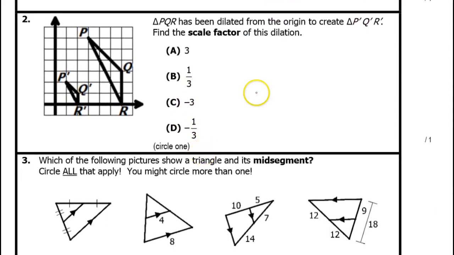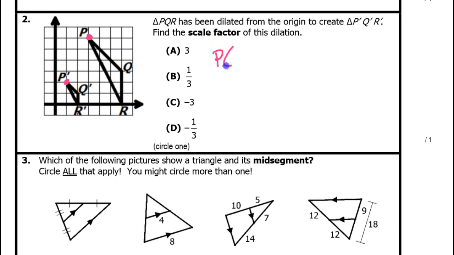For problem number 2, triangle PQR has been dilated from the origin to create triangle P prime, Q prime, R prime. Find the scale factor. So we can really just pick one point on which to focus. Let's look at point P, which became point P prime.